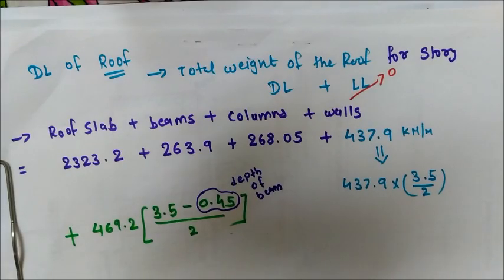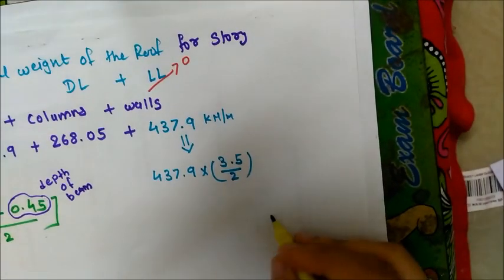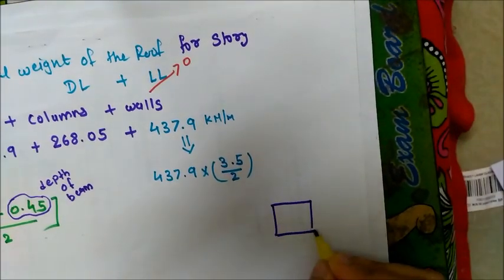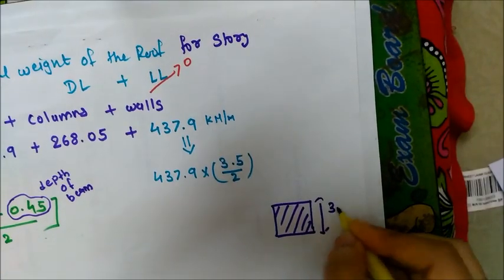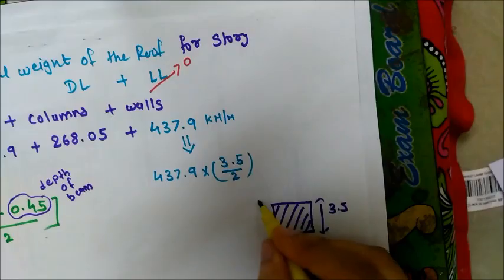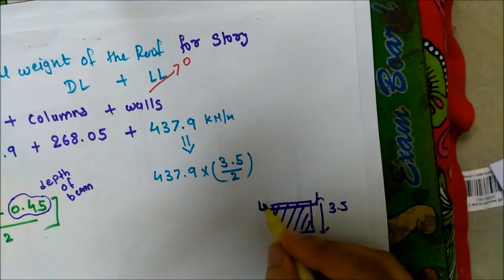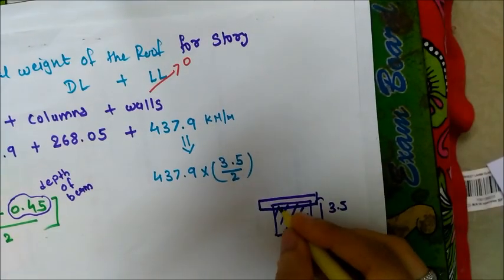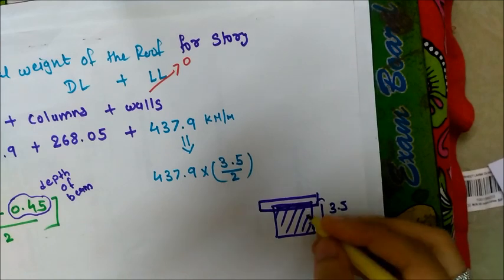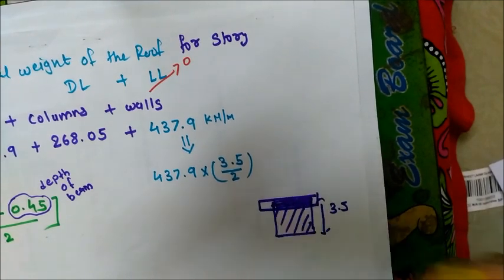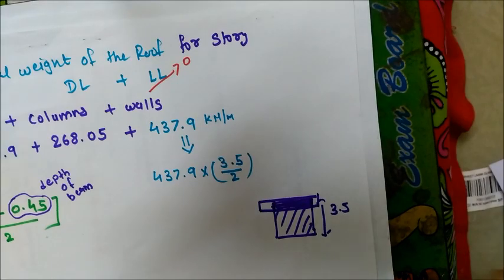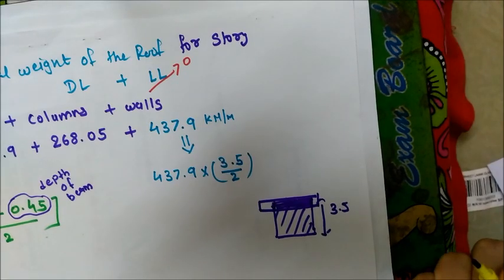Because if we consider this particular wall, the height is 3.5, and your beam will be constructed like this. This depth will be incorporated in the length of the wall, so we have to deduct it to consider the exact length of the wall.